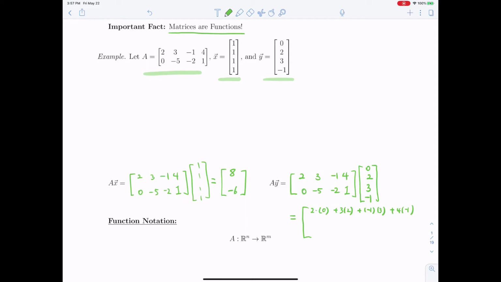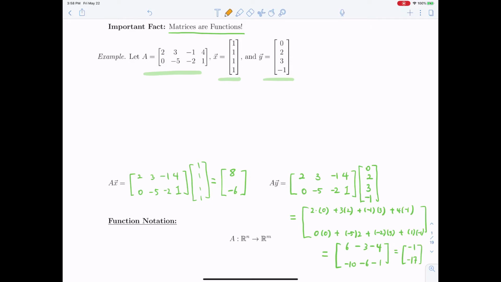And the second row is 0 times 0 plus -5 times 2 plus -2 times 3 and 1 times -1. If you calculate this, you get 6 minus 3 minus 4 and -10 minus 6 minus 1. That gives you -1 and -17.